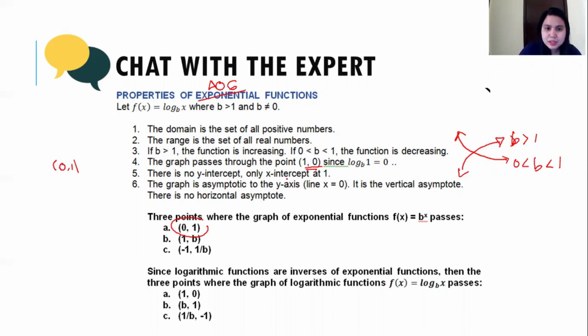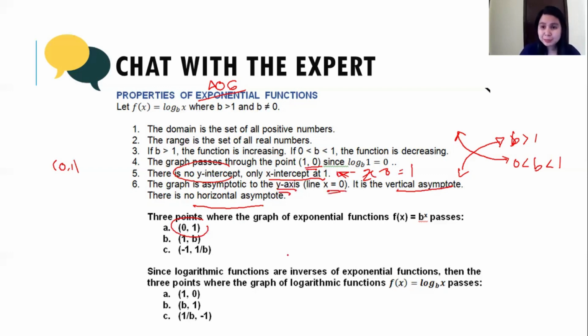It means that our x-intercept is 1, our zero is also 1, and we don't have a y-intercept. Also, for asymptotes, we don't have any horizontal asymptote, but we have a vertical asymptote. It's found at the y-axis, at x equals 0.